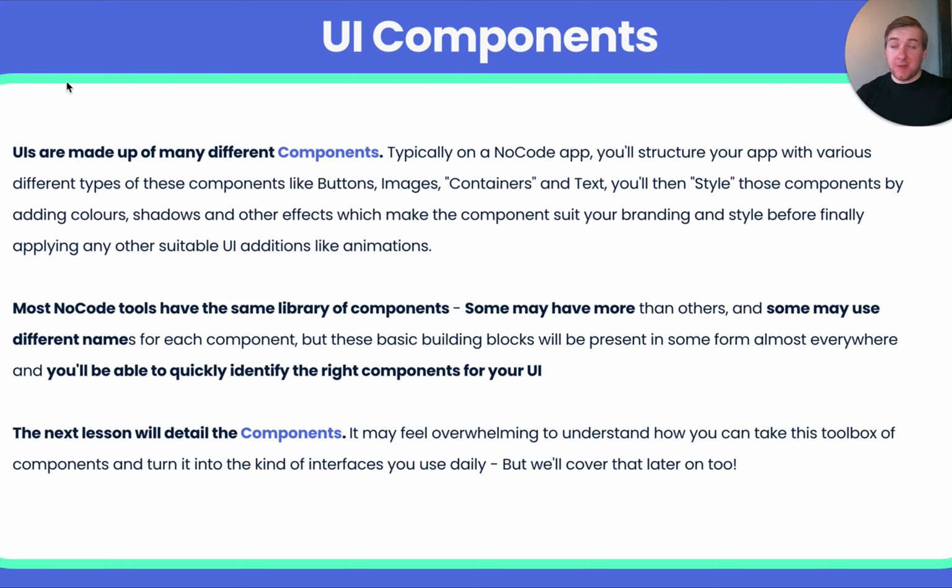Now the good thing is most websites, most apps out there use the same components. When I show you a button in the next lesson, you're going to know exactly what it is, because you would have struggled to get onto this page, for example, without using a button. So these components are really, really common across the web, whether you're programming or using no code. And as a result, most no code tools have the same library, or the library is really, really similar.